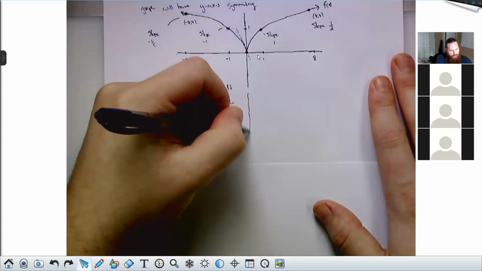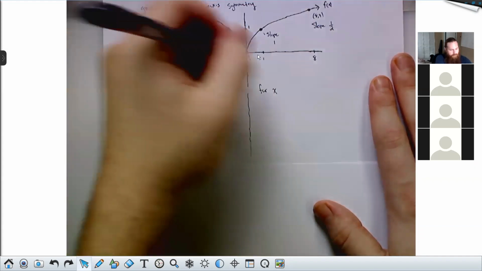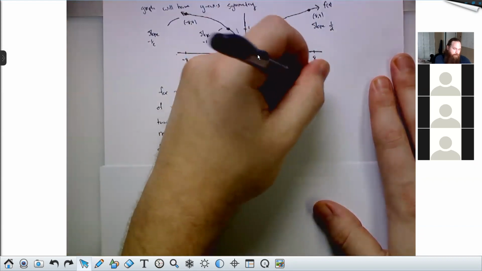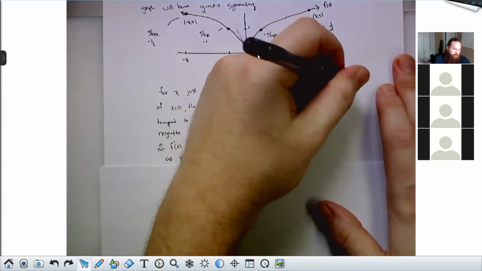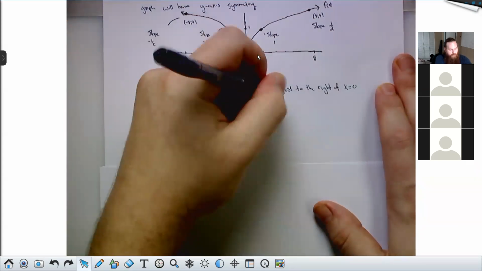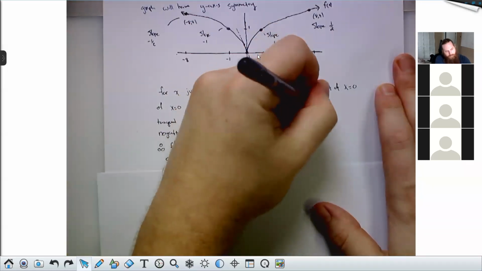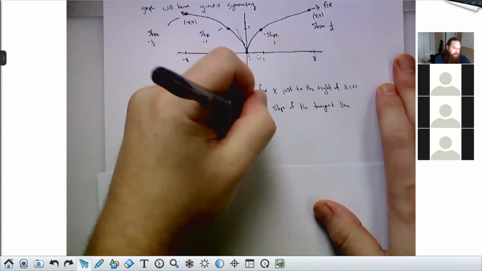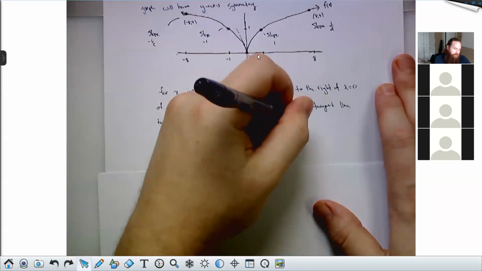Similarly, for x's just to the right of x equals 0, the slope of the tangent line is huge and positive.